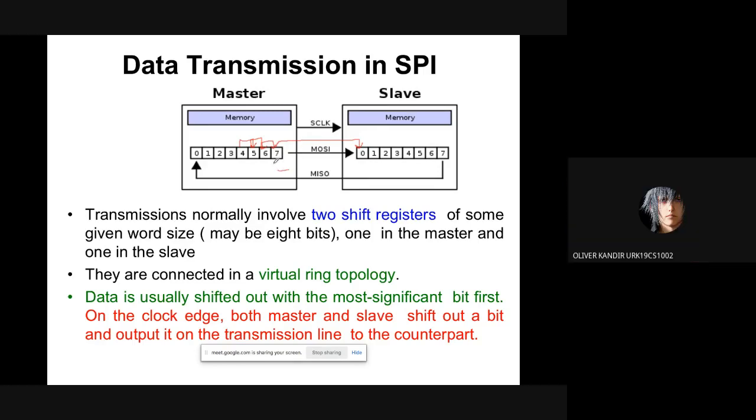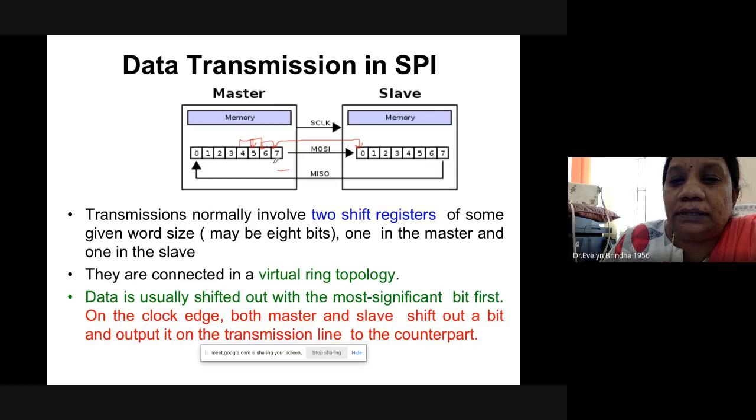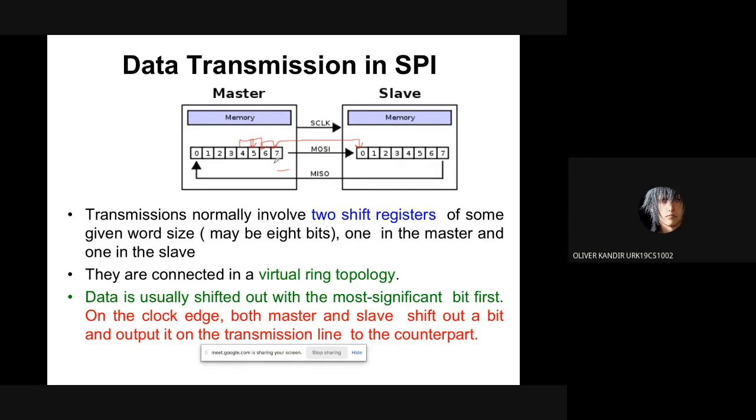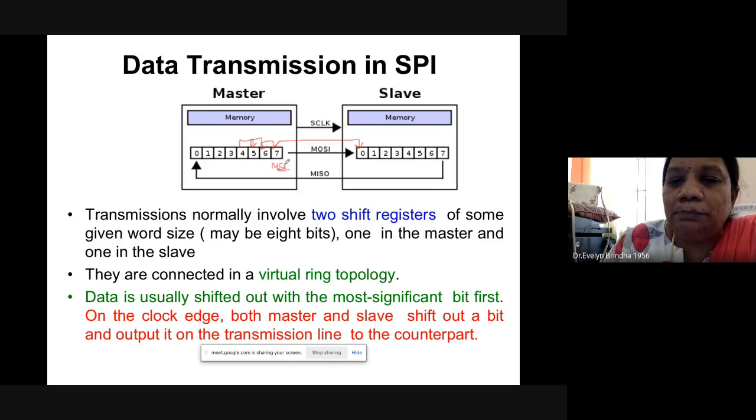Sorry, it is the MSB. So when you send data from master to slave, which is sent out first? MSB, ma'am. MSB is sent. You got it? That is what you should remember.